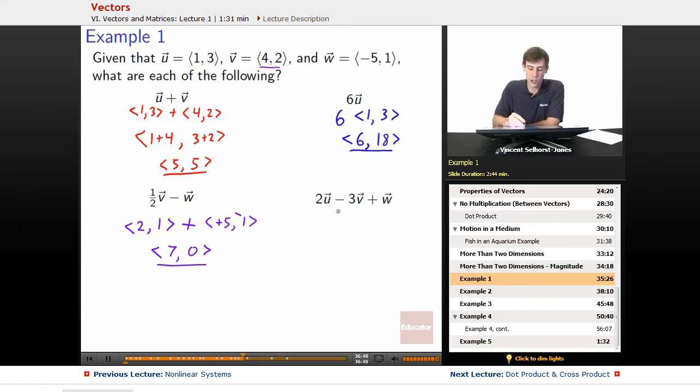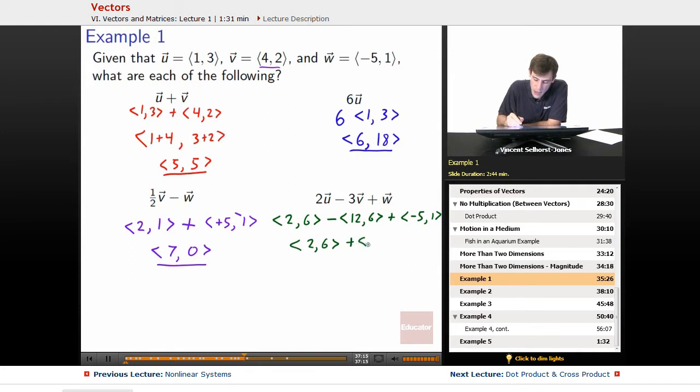And the last one, if we've got 2u minus 3v plus w, all right, so 2 times u, 2 times 1, 3 will become 2, 6, minus 3 times 4, 2 will become 12, 6, plus w was negative 5, 1. Great, so 2, 6 minus, so that would make that negative 12, negative 6, plus negative 5, 1.